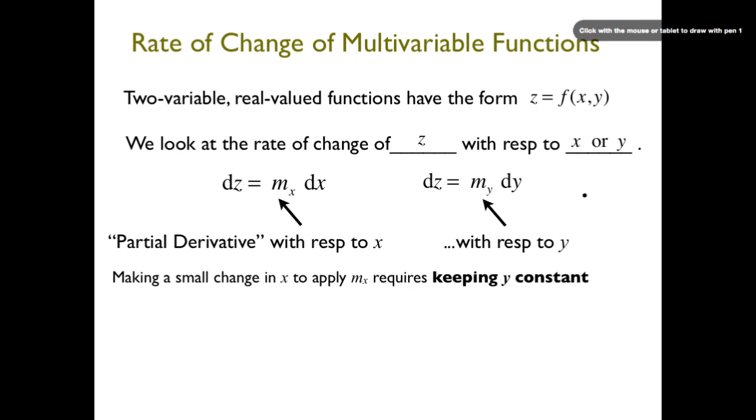Okay, so making a small change in x to apply its derivative requires that we keep y constant. This is a huge point, right? Y's got to be held constant for us to analyze that partial derivative with respect to x. Yes. Sam, thanks.